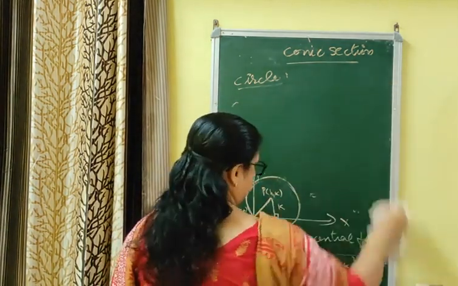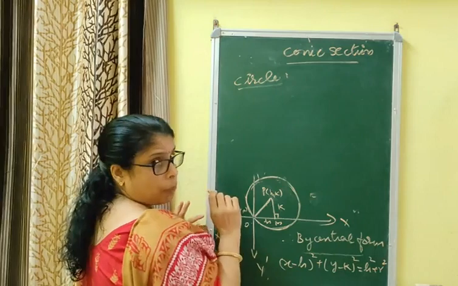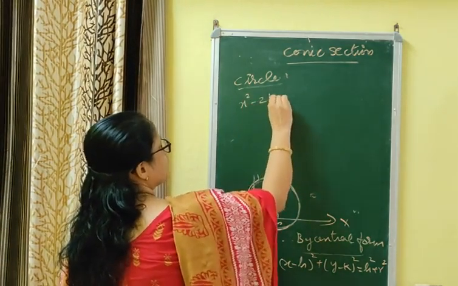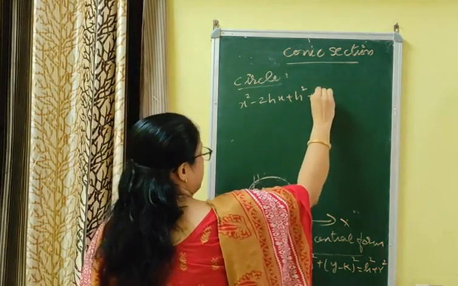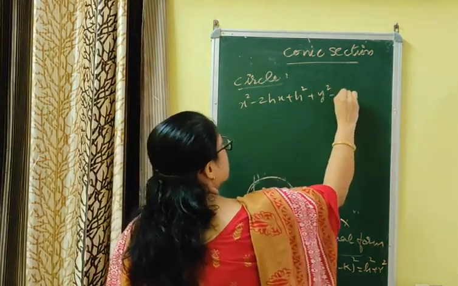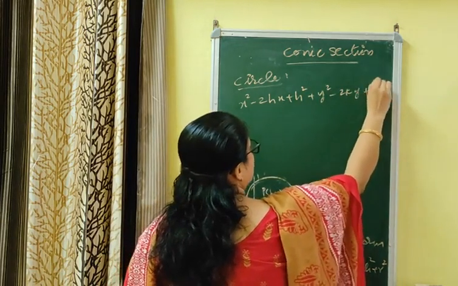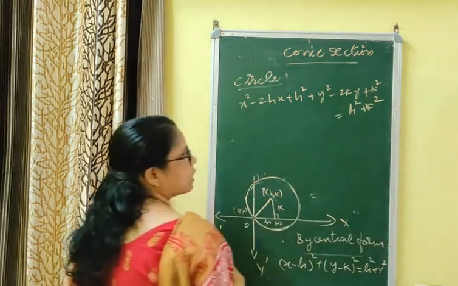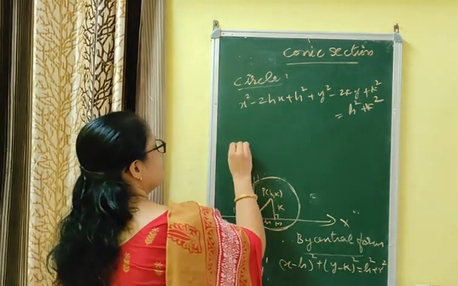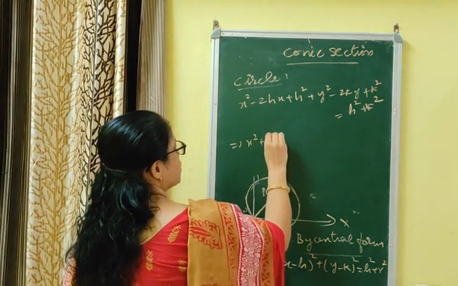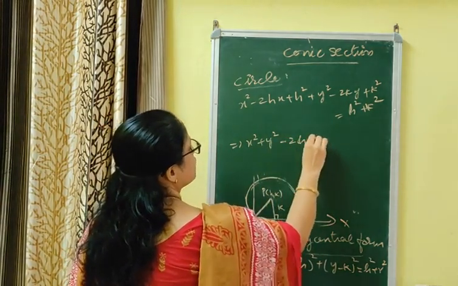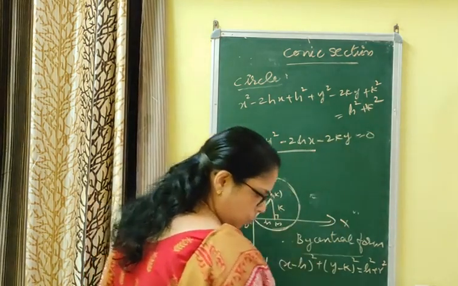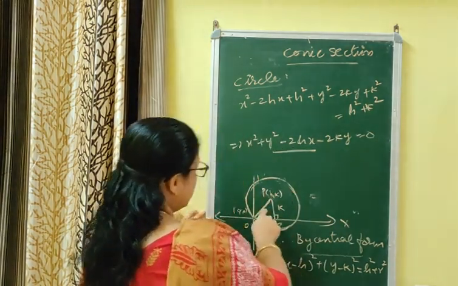You will get x square minus 2hx plus h square plus y square minus 2ky plus k square equals h square plus k square. Both h square plus k square get cancelled. You will get x square plus y square minus 2hx minus 2ky equals 0. This is the equation of a circle passing through the origin with center (h, k).